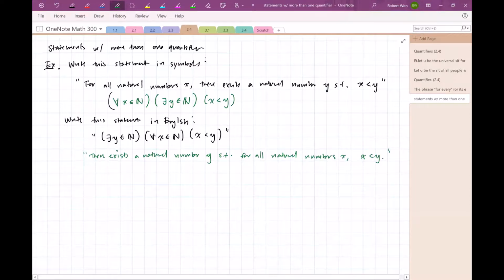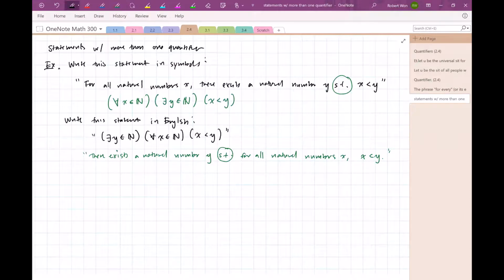Okay, notice that we put in phrases like such that, so that what we're reading makes sense as an English statement. And where you put them in matters, in order to make a grammatically correct English sentence. So here we put a such that right before the x is less than y, but here the such that really belonged here. And it's just because of how it reads as an English sentence. So the first one is for all natural numbers x, there exists a y such that x is less than y. The second one says there exists a natural number y such that for all natural numbers x, x is less than y.